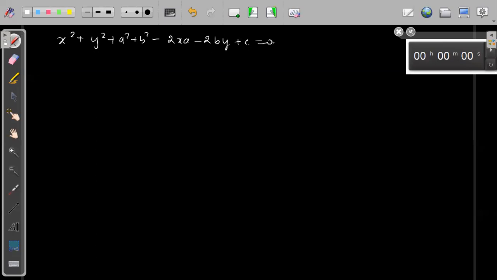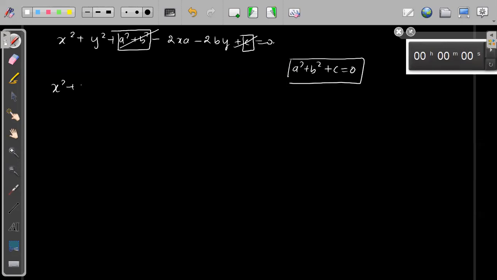If I substitute 0 comma 0, that means a square plus b square plus c is equal to 0. So that becomes 0, and you will have x square plus y square minus 2ax minus 2by is equal to 0.